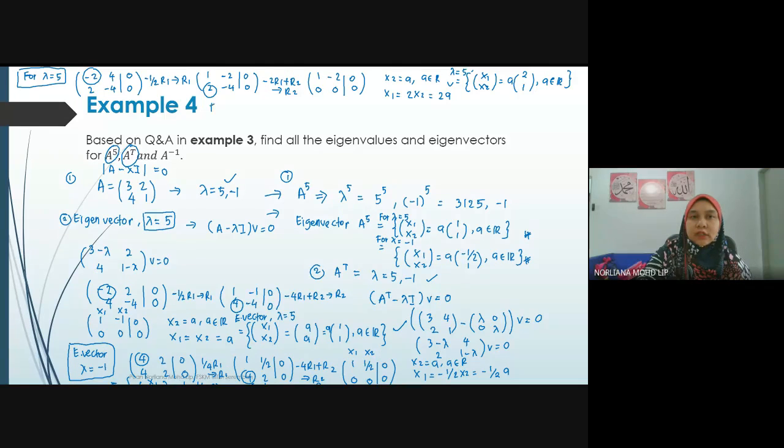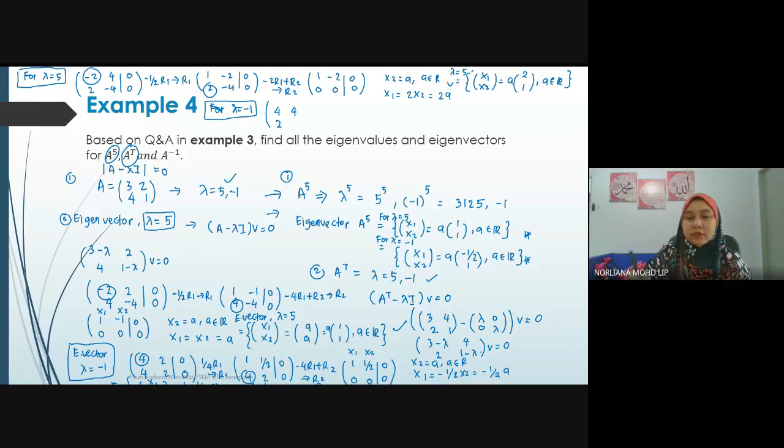Okay, for lambda equal to negative 1. Nah, masukkan 3 minus negative 1, 4. 4, 2.